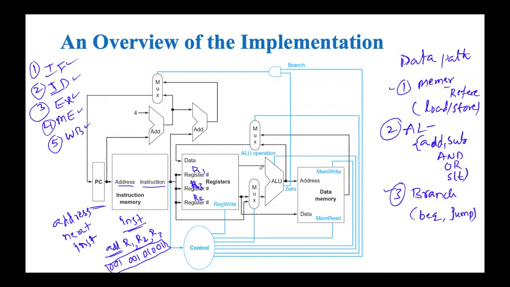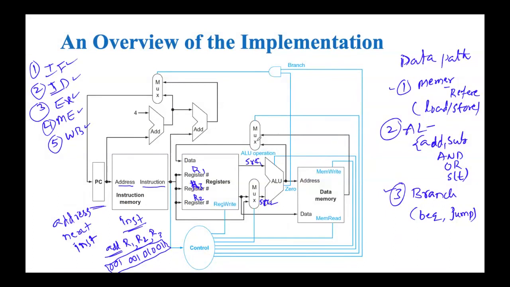The arithmetic and logic unit has two inputs: source 1 and source 2. Source 1 comes from your register. We know that arithmetic operations follow register to register instruction.